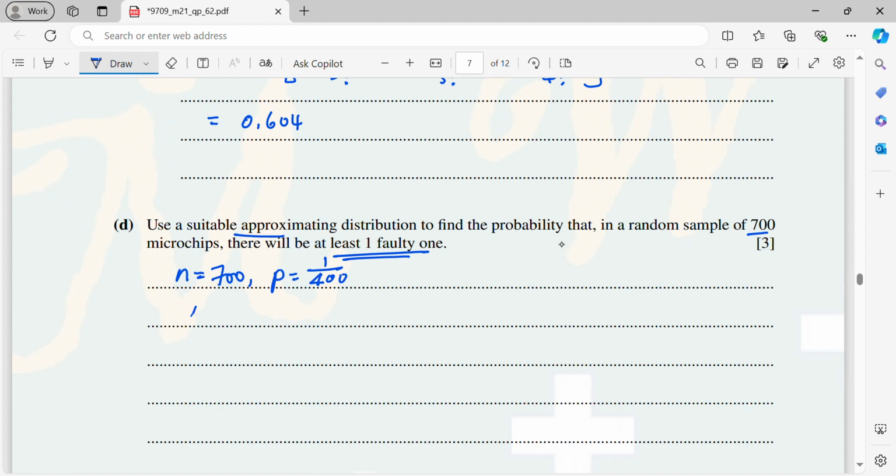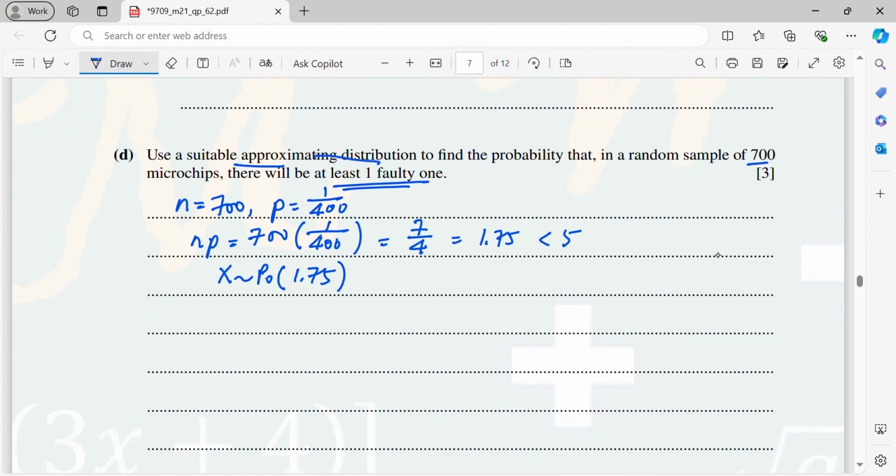So again, your np is 700 times 1 over 400, which is 7 over 4, or 1.75, and it's still less than 5. Still less than 5 means it will be Poisson distributed. It's just that now the mean has changed to 1.75. And now at least 1 means P(X >= 1).